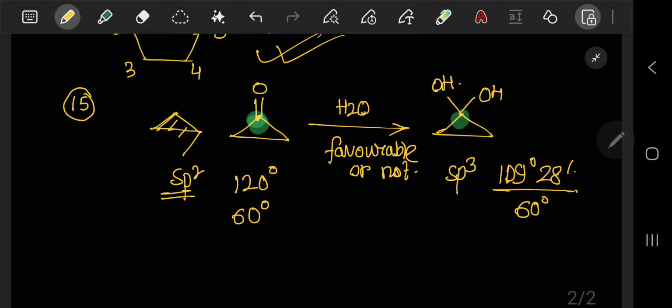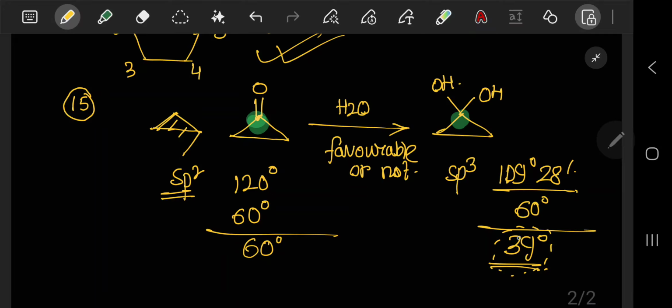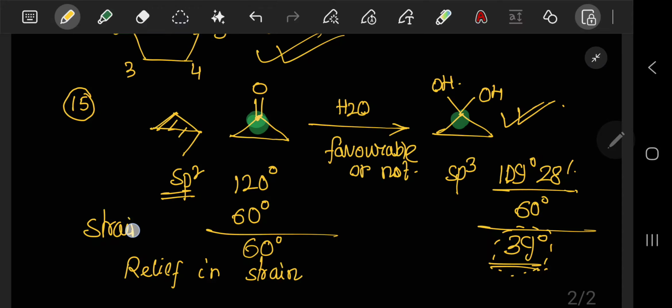So we need to see the difference. So if you see the difference, here is 60 degree, but here the difference is 39 degree. So lesser the difference, higher will be the favorability, the stability. That is the reason lesser is the difference. So difference is lesser over here. That's why this is the stable. Okay, so there is a relief in strain. This is called the strain. How much strain is there? Relief in strain after diol formation.